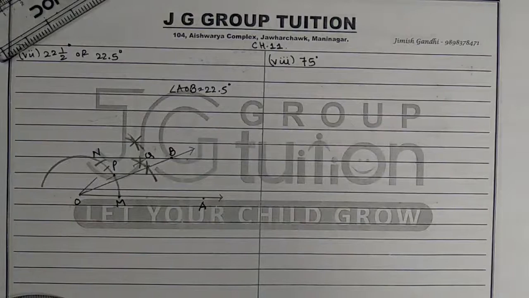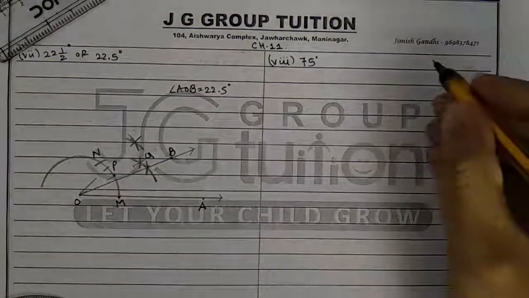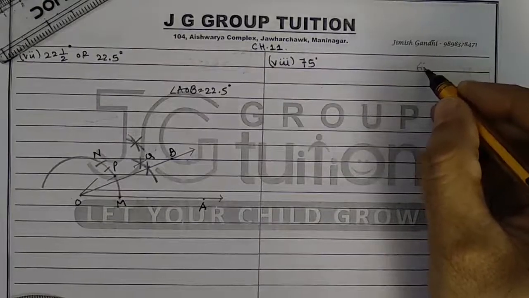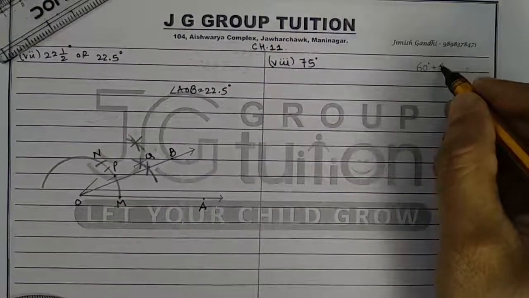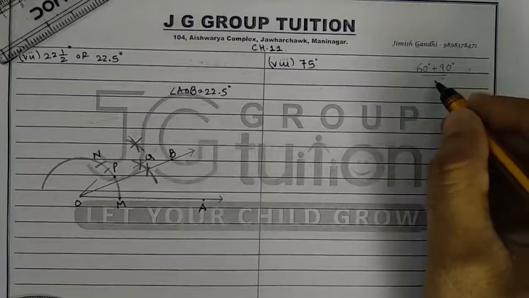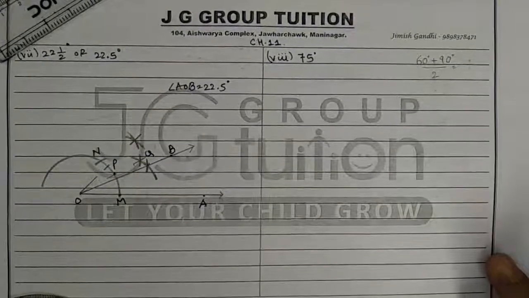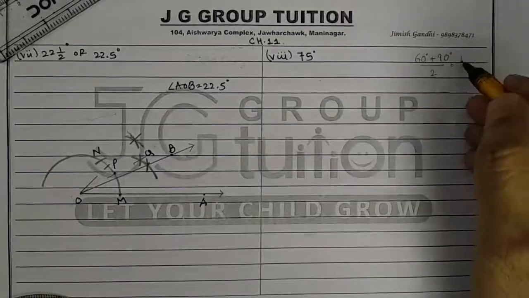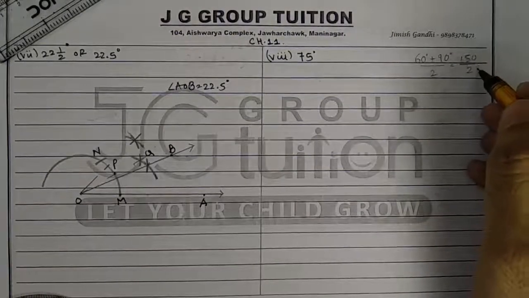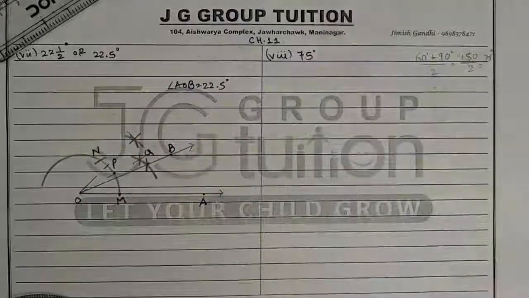We have to construct 75 degree. So students, 75 degree should be constructed. Again it is a bisector, but this time it is a bisector of 60 and 90. So how is it and why? Because when you add 60 and 90, that is 150. And half of 150 is 75 degree.